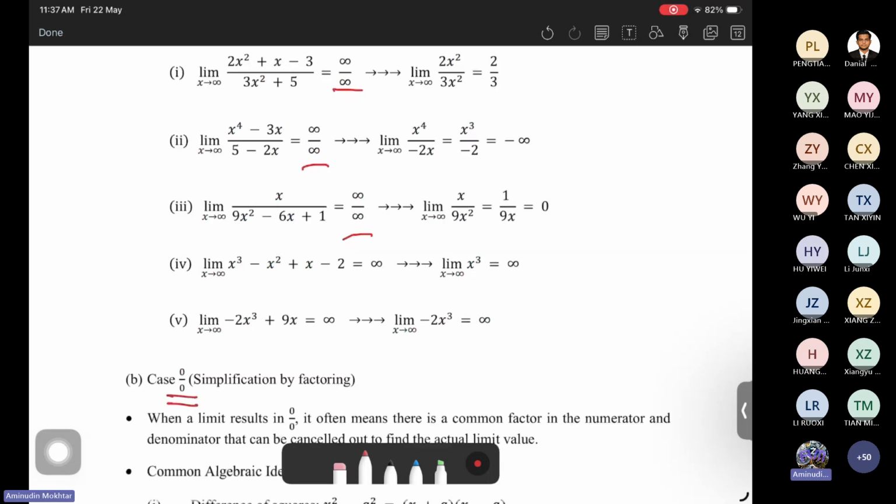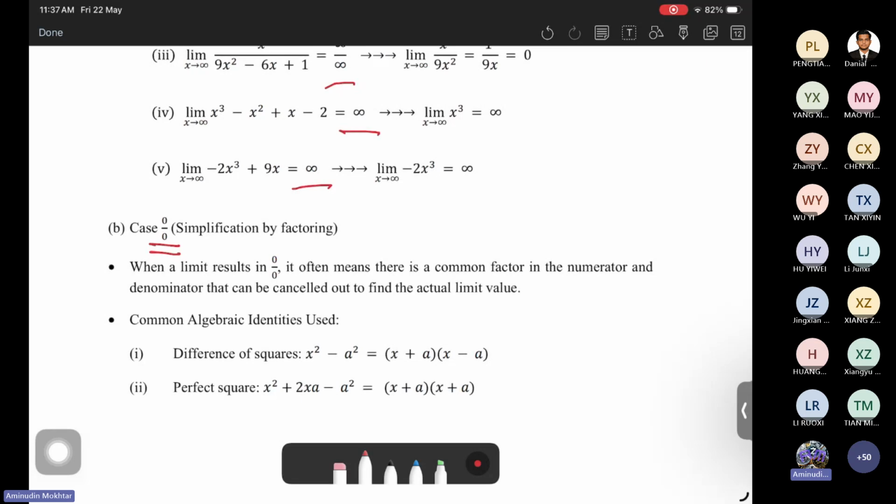Okay, the last one for today is simplification by factoring. For the case 0 divided by 0, the answer is undefined. The same goes for infinity divided by infinity.